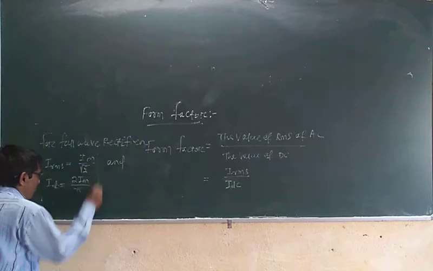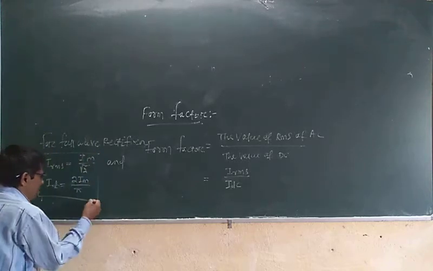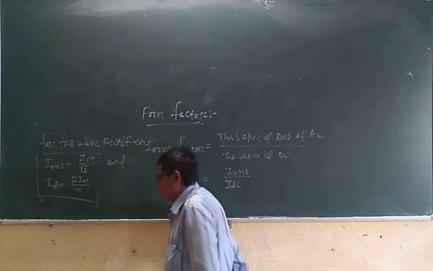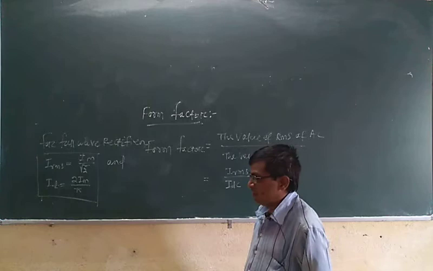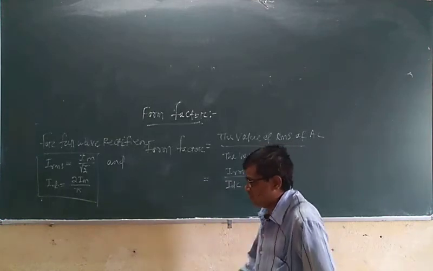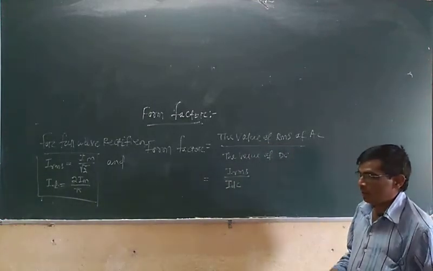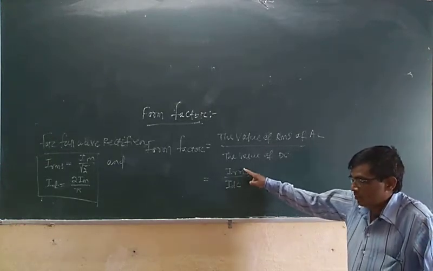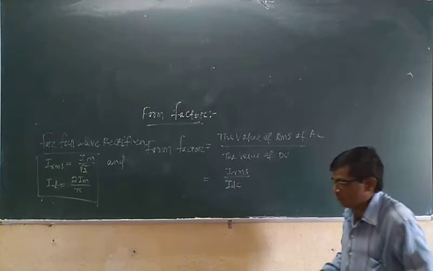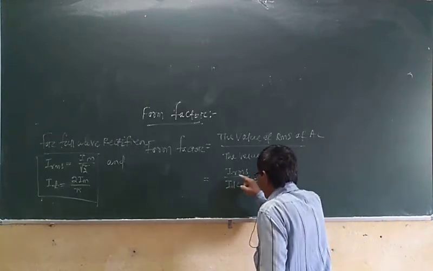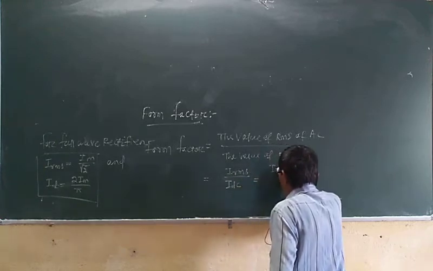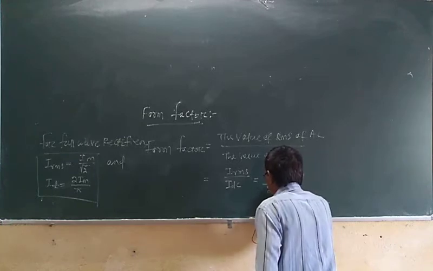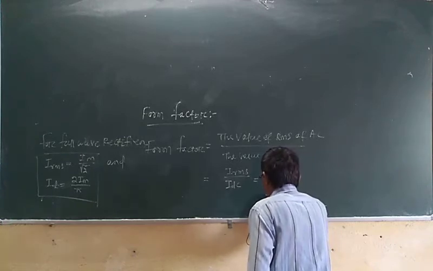This is the value of IRMS and IDC. These values were also calculated in your previous class. Now the RMS value and DC value in a rectifier output are put in this place, then we get its value. Form factor equal to IRMS, that means Im by root 2, divided by 2Im by pi.